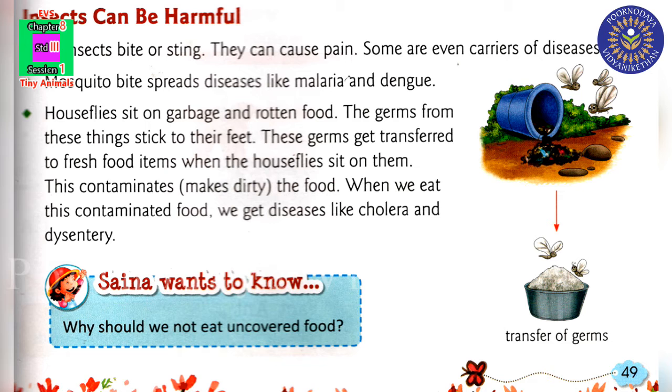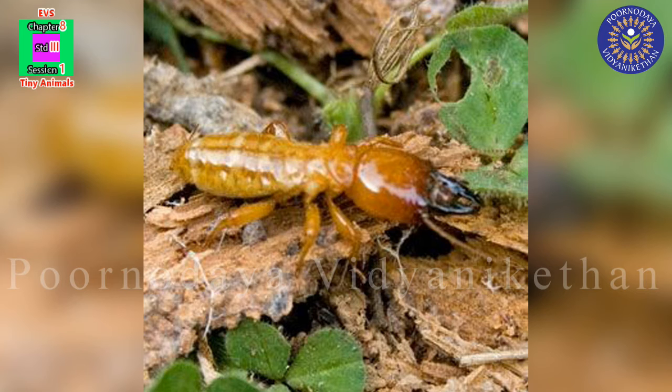Did you understand this? Termites feed on wood and damage furniture, doors and other wooden items. In the picture you can see termites.